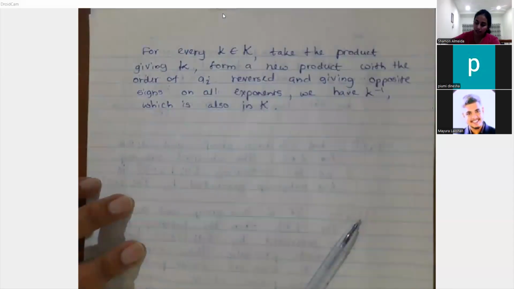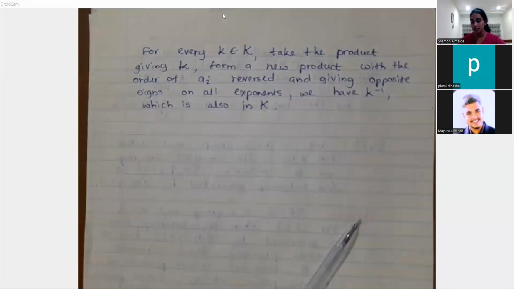Because that would once again be a finite product of integral powers of a_i. We are simply reversing where all these a_i are, and taking all the exponents and multiplying by -1. So once again, we see an element in K, right?